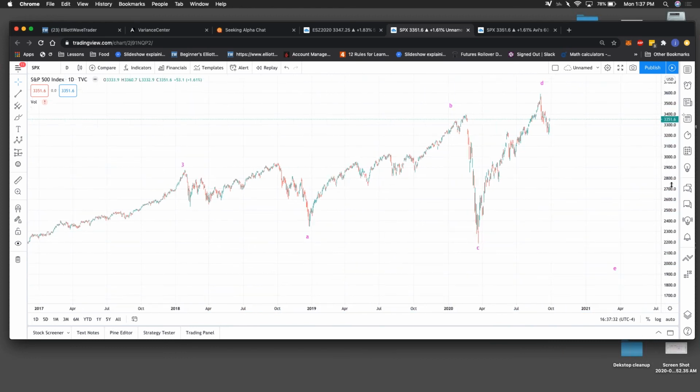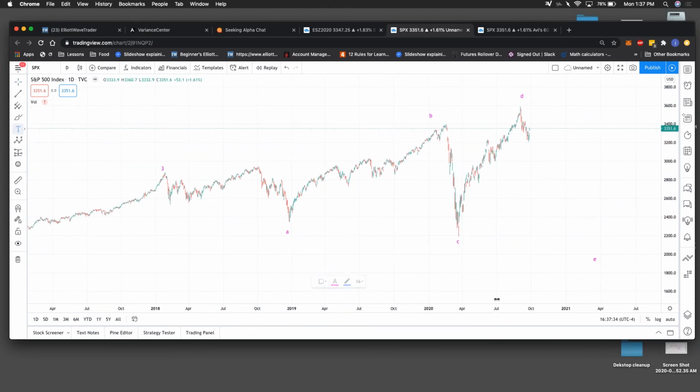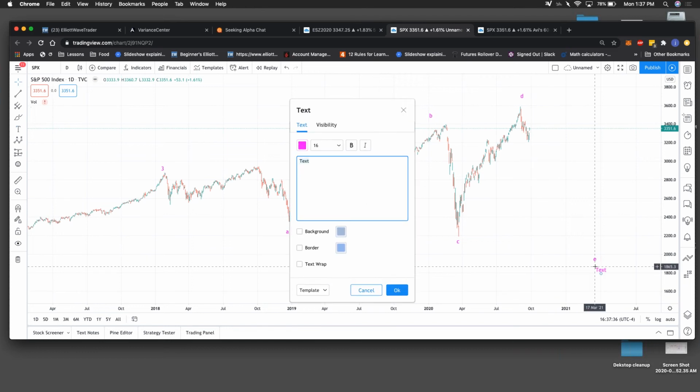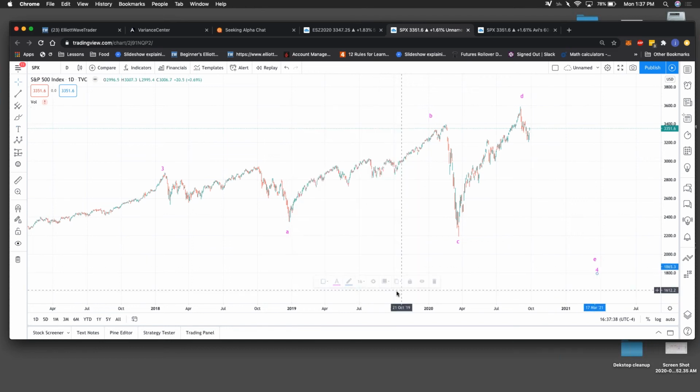So this is the only way I can get to the bigger degree wave 4 not having completed at the March lows. And it would look like this.